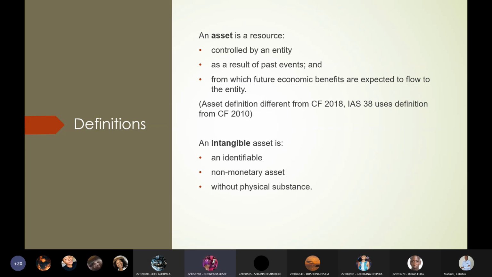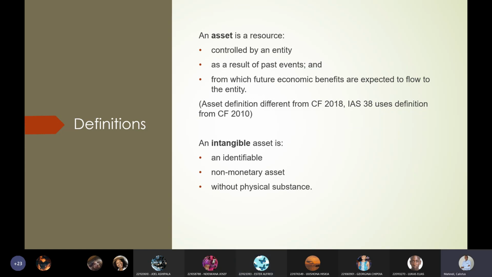It's a tangible item that is to be used for a long period. That is a definition of PPE, property, plant, and equipment. But we have the definition of economic resource. Okay, yes. Go ahead. You're correct. It's an economic resource controlled by the entity due to past events.